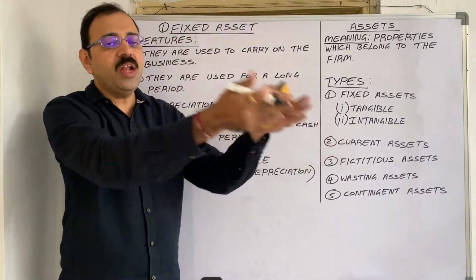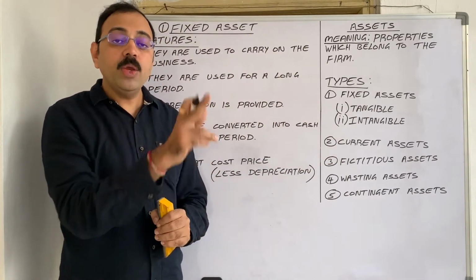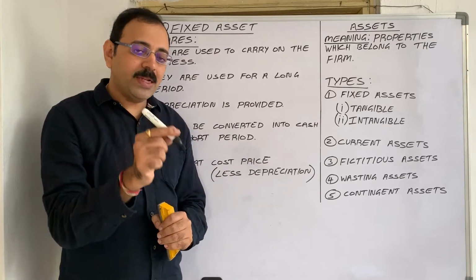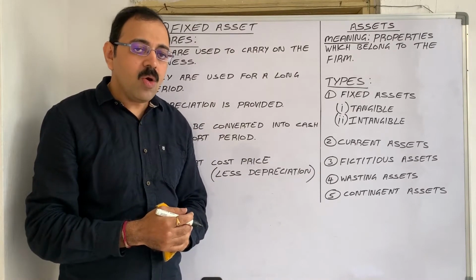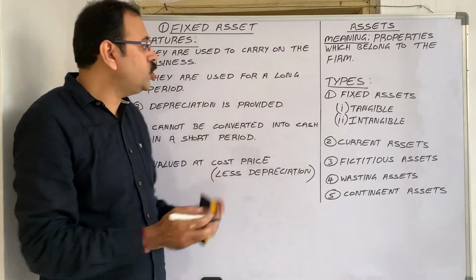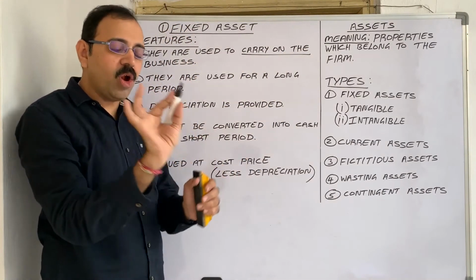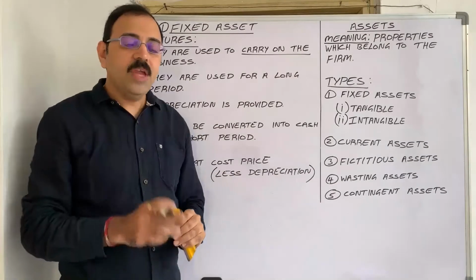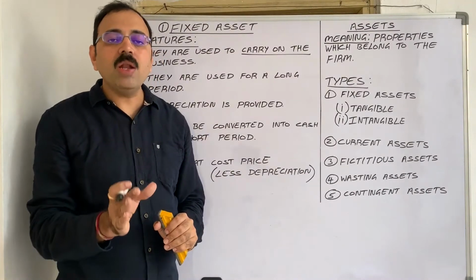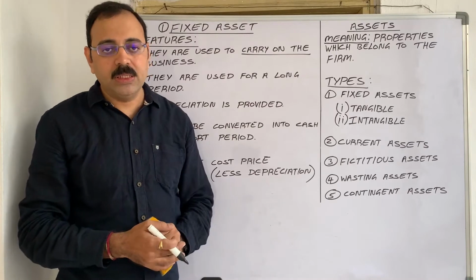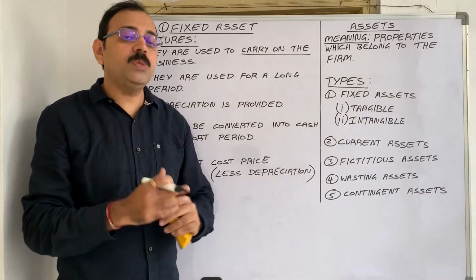So they purchased one machinery. Now by using that machinery, these pens are manufactured. That machine is used to carry on the business. Without that machine, you cannot manufacture this pen. Means what? A fixed asset is not meant for resale purpose. It is meant for usage purpose.